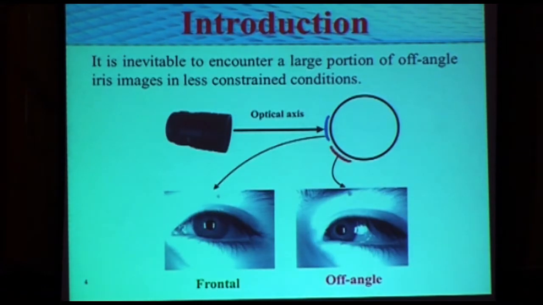For a practical iris recognition system, it is inevitable to encounter plenty of off-angle iris images. So we need to handle the issue to reduce the inconvenience to the users. The off-angle is mainly caused by the gaze direction away from the optical axis.